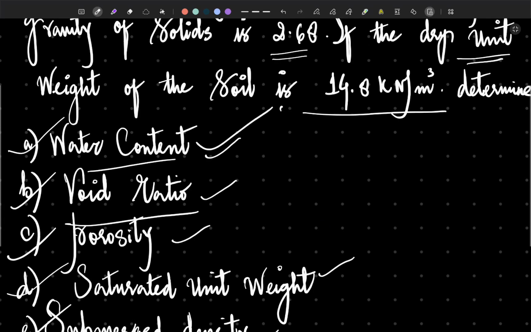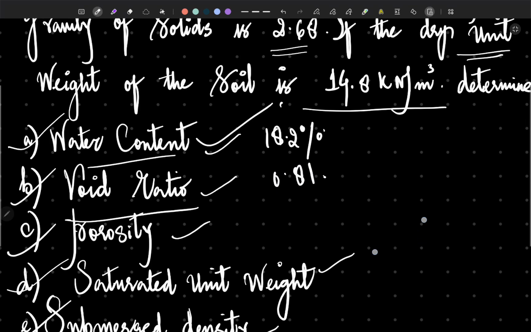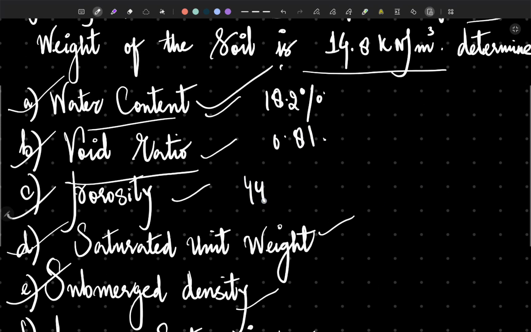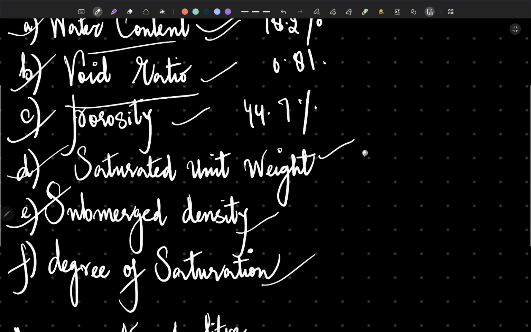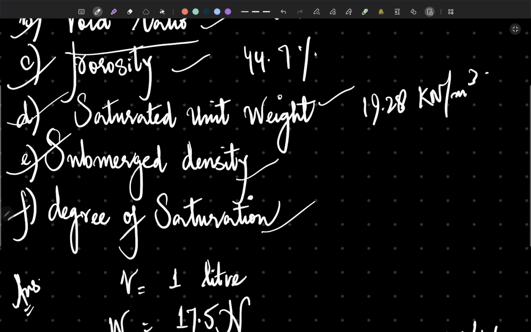We have found out water content, which came equivalent to 18.2%. Void ratio, it was 0.81. Porosity, 44.7%. Saturated unit weight, 19.28 kilonewton per cubic meter. Submerged density, 928.17 kgs per cubic meter.